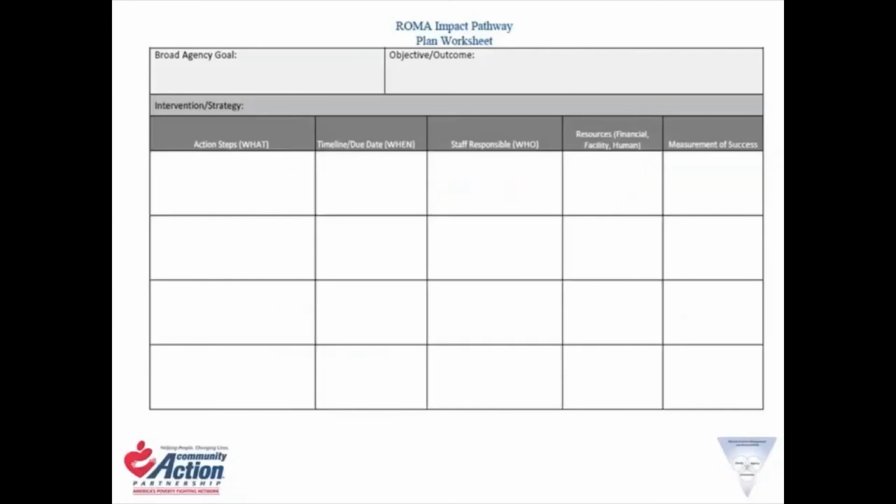So this is taking those ideas that we have about what needs to change and putting some actionable steps in place. So remembering that we can't rely on magic to bring about these improvements or changes, we have this worksheet that you can start to think about what are those concrete steps.